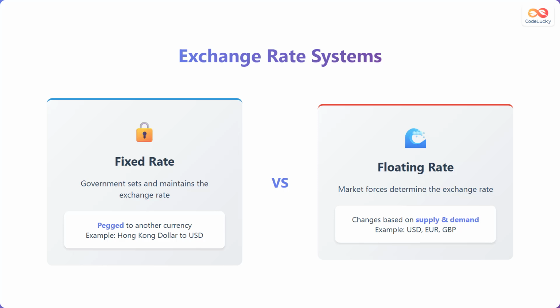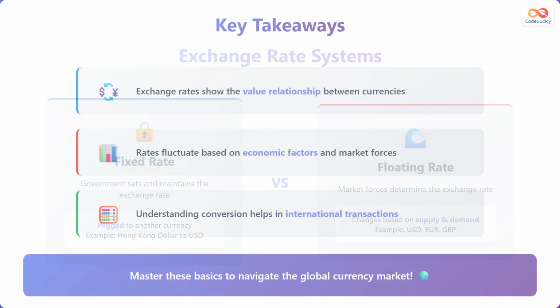A floating exchange rate system allows market forces of supply and demand to determine the currency's value freely. Most major currencies like the US dollar, euro, and British pound operate under floating systems. These rates change constantly throughout the trading day based on economic conditions and market sentiment.